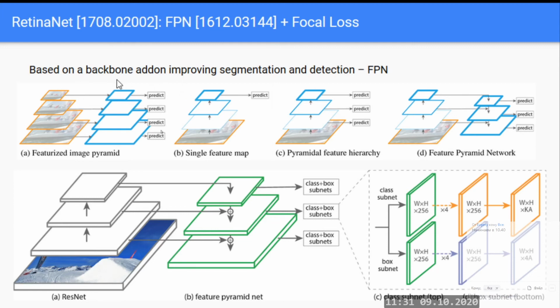Originally, if we had just a classification model, we had only a single feature map to make the final decision. And for example, in some encoder-decoder semantic segmentation approaches, we use the features from all the layers to feed into an additional decoder.